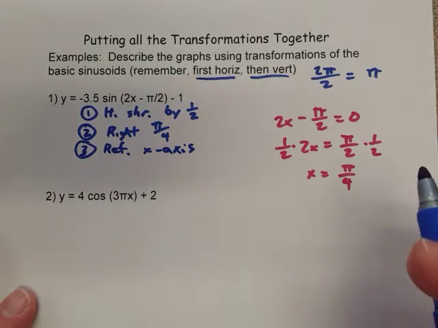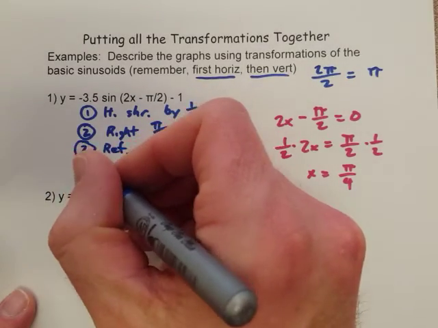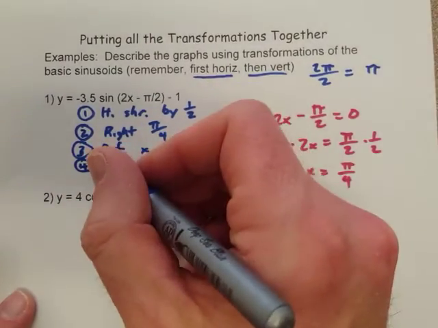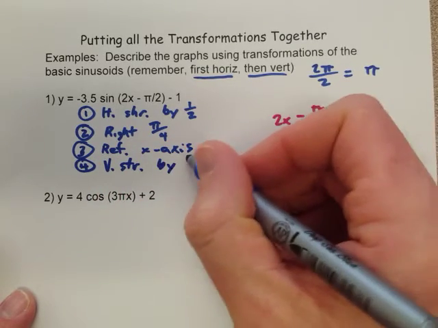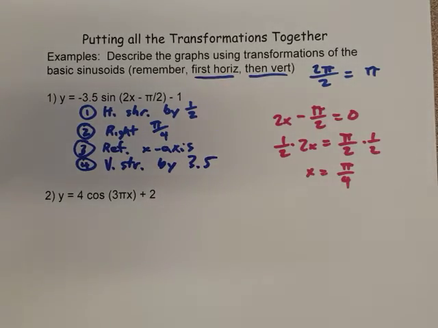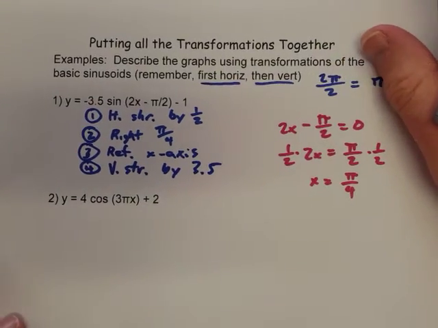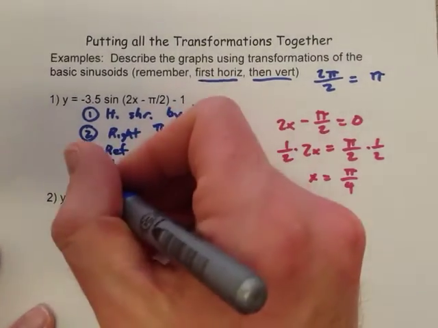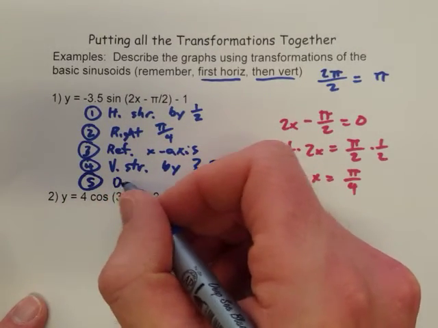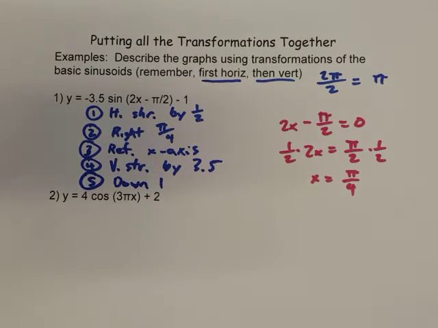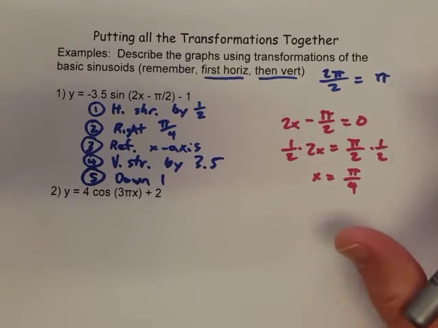And then the 3.5, since that's a number larger than 1, the fourth transformation is a vertical stretch by a factor of 3.5. Again, the vertical stuff is pretty straightforward. It's pretty much just as you would expect it. And then there is one more transformation in this problem, and that is down 1. Okay, so those are all 5. That's a lot. Hopefully you don't see that in every single problem that we do.